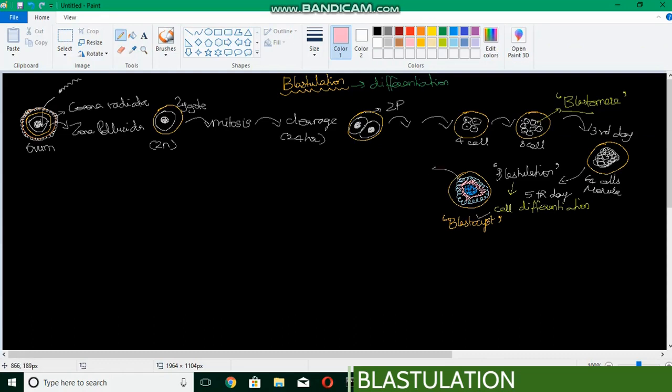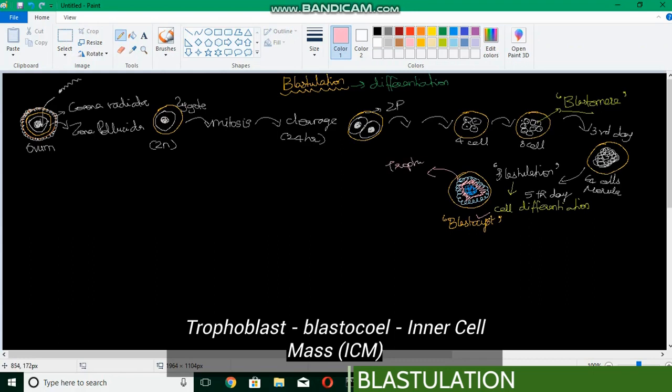The cells in the outer part of the blastocyst are called trophoblasts. And the fluid-filled cavity is called blastocoele. And the cells in the most inner part of the blastocyst are called the inner cell mass.